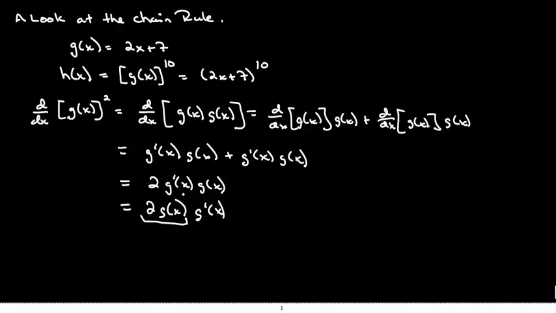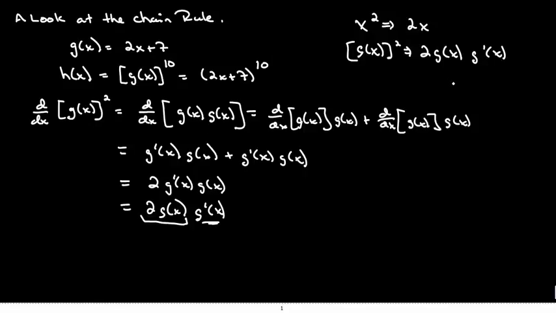If you had just x squared and you differentiated that, you would get 2x. So if you have g of x squared and you differentiate that, you get 2 g of x, but then you also get this extra little term at the end, which is g prime of x. This is going to be part of the chain rule, where we differentiate the outside of the function and then take the derivative of the inside portion.